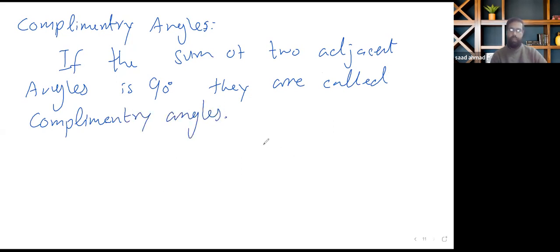Let's say we have one like this. This is a 90-degree angle we have here.